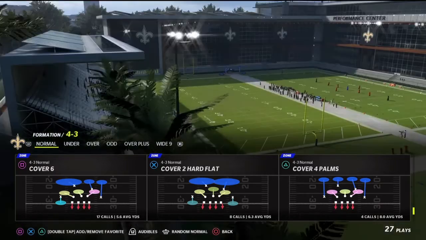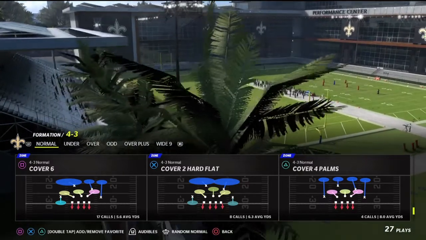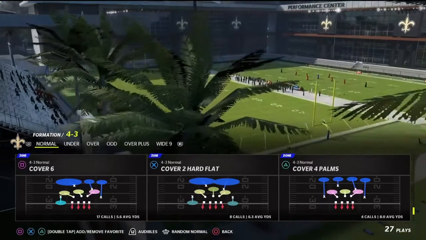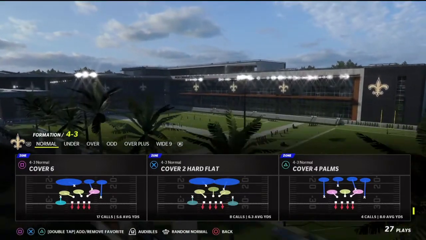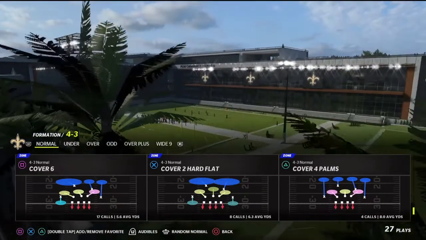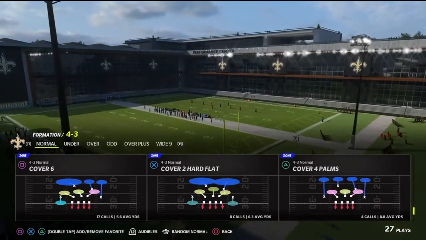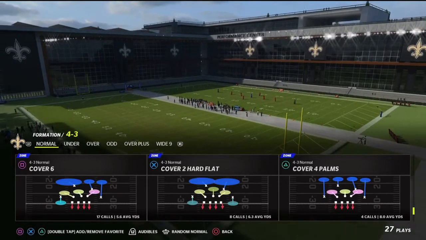The 70% zone counts zone blitz as well. So when we look at the 70-30 rule violation, any play where you call zone blitz counts as a zone because it's zone plus blitz. Any play you call man blitz, it's man plus a blitz. So keep that in mind.